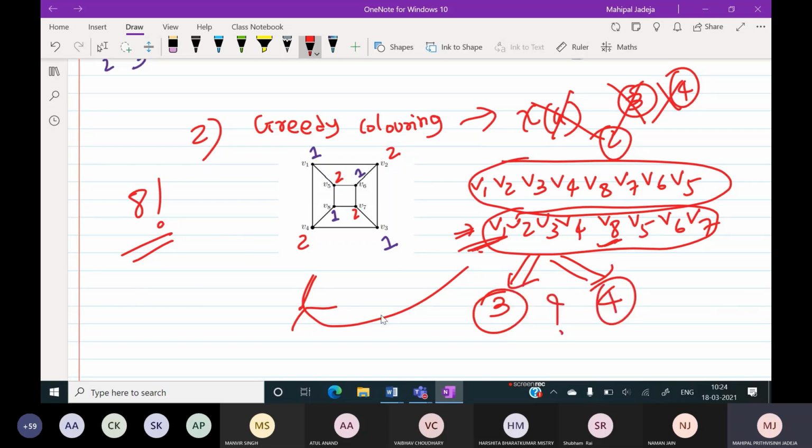But the question is, is there any permutation, out of these 8 factorial different vertex orderings, for which the answer is 3 or 4, not 2? Sir, for 3, it is V1, comma... Okay, just give me a minute.